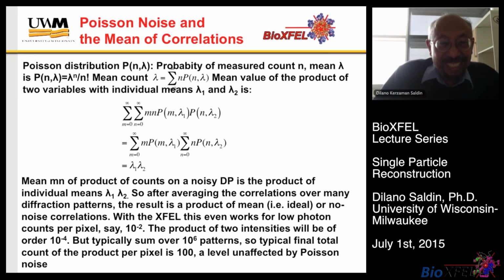And here's the remarkable thing: this product can be separated in such a way that each term is lambda 1 or lambda 2. So as a result of this averaging over a large number of diffraction patterns, one obtains the product of the expected intensities lambda 1 and lambda 2 on those two pixels. So this is the expected value if there was no Poisson noise.